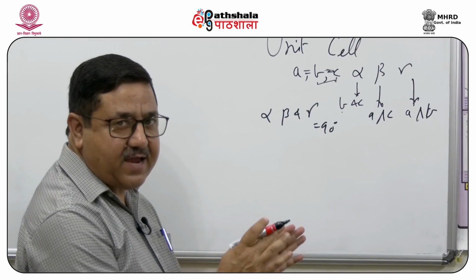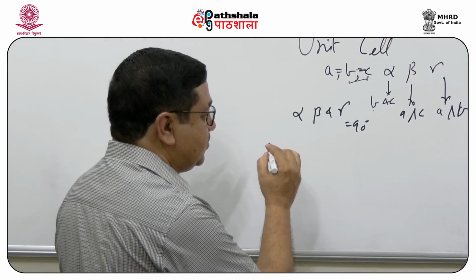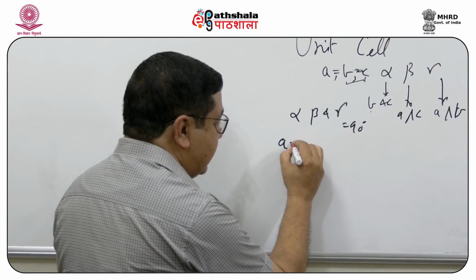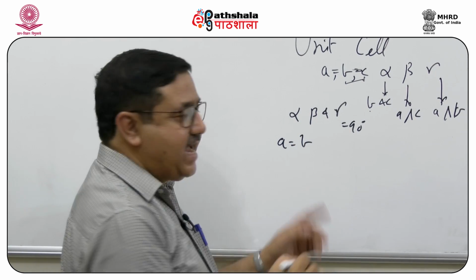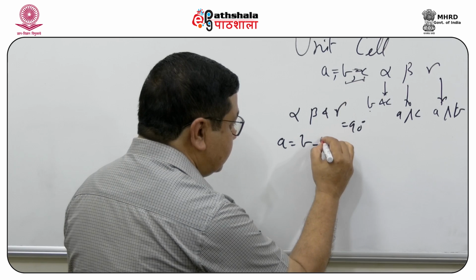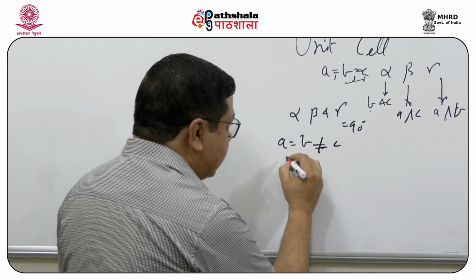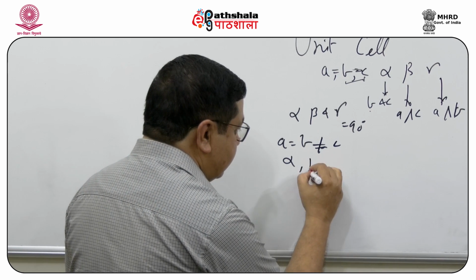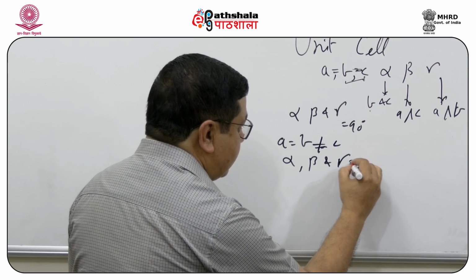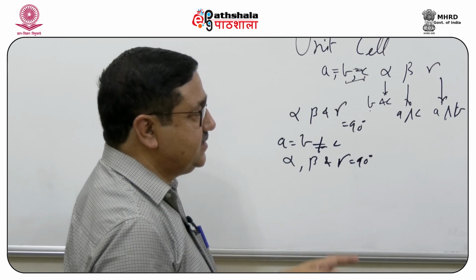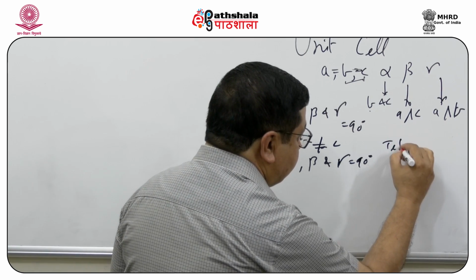The second type of crystal system is one where A is equal to B and is not equal to C, and all the angles alpha, beta and gamma are 90 degrees, and this is the tetragonal system.